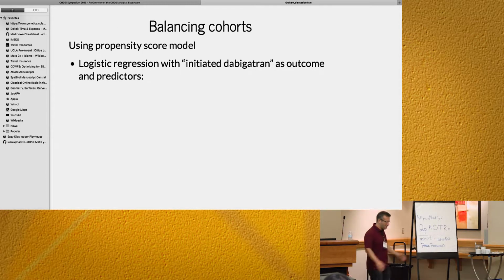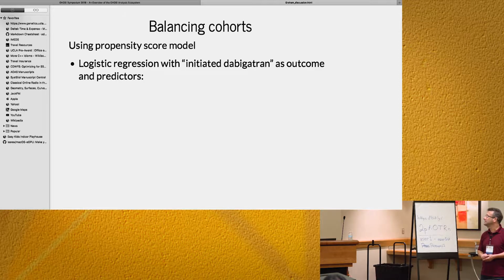Okay, so we have a target and a comparator cohort. What tools were used in this paper to try to ensure comparability between those two populations of patients? They built a propensity score model, right?